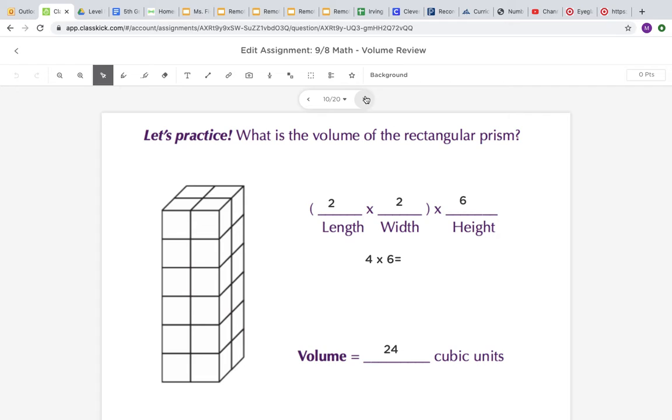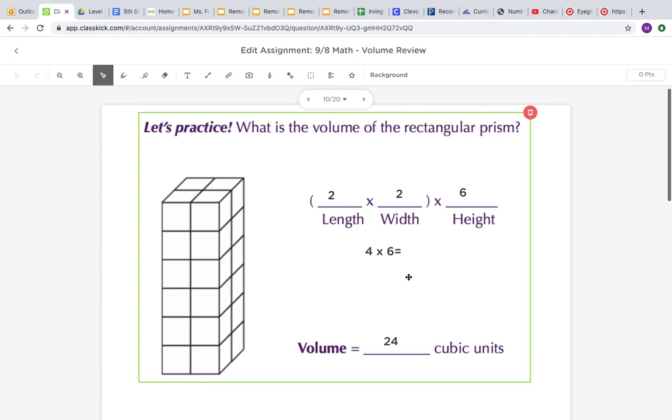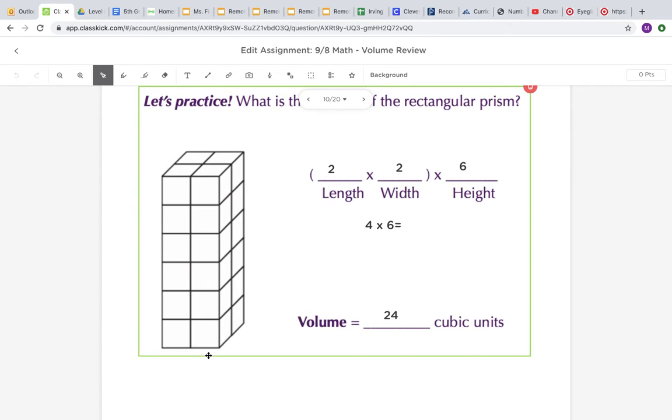So let's practice here. This is one that was already done in class. What is the volume of this? Well, first we find our length. Our length here shows me that we are going 2 cubes across. Our width shows me we are 2 cubes wide. So our area of the base is 2 times 2, which is 4.